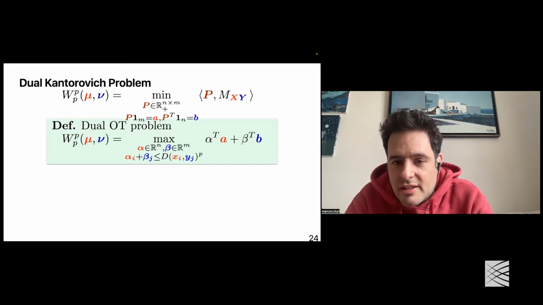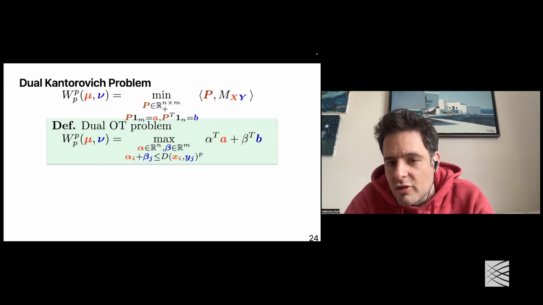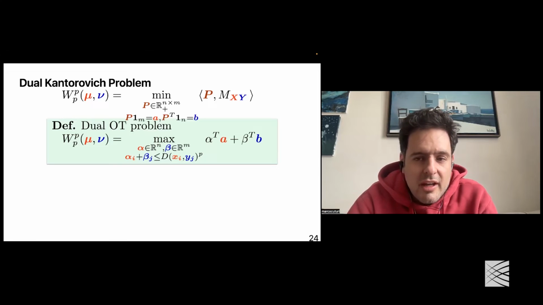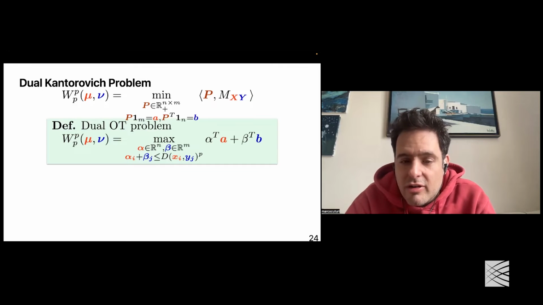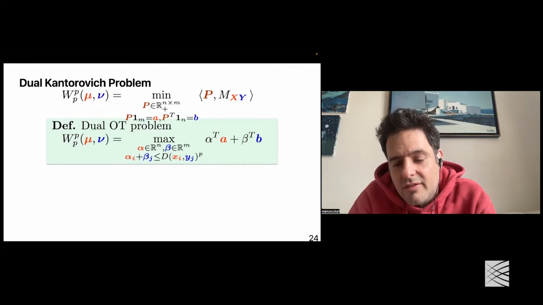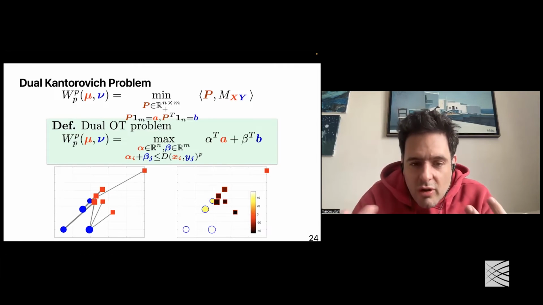And so the total price is going to be a price per unit of good in the first measure, alpha i times the amount of goods ai, plus beta j times bj. And there is a natural constraint that arises there, which is that the price you can come up with to pick some good at i and deliver it at j, so alpha i plus beta j, cannot be bigger than the distance itself. So this gives you two different perspectives on the optimal transport problem.